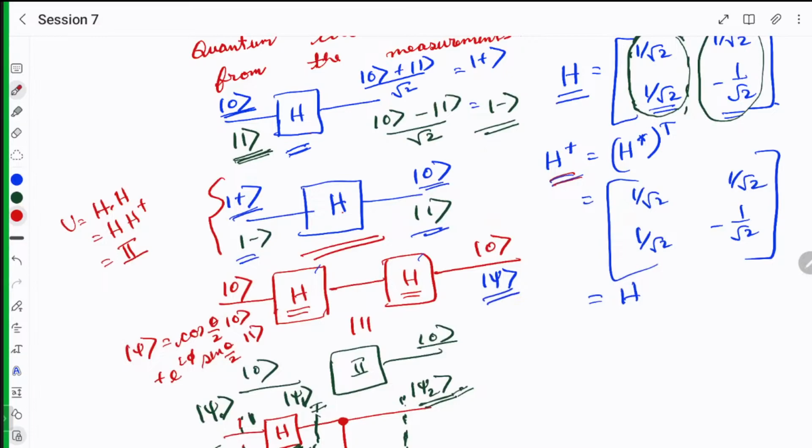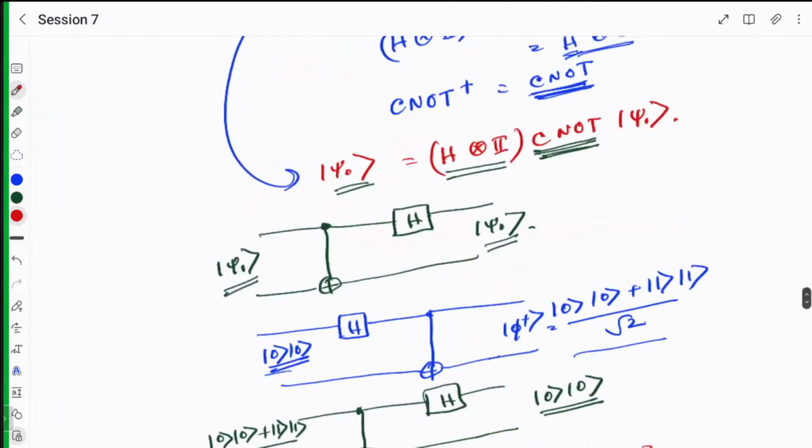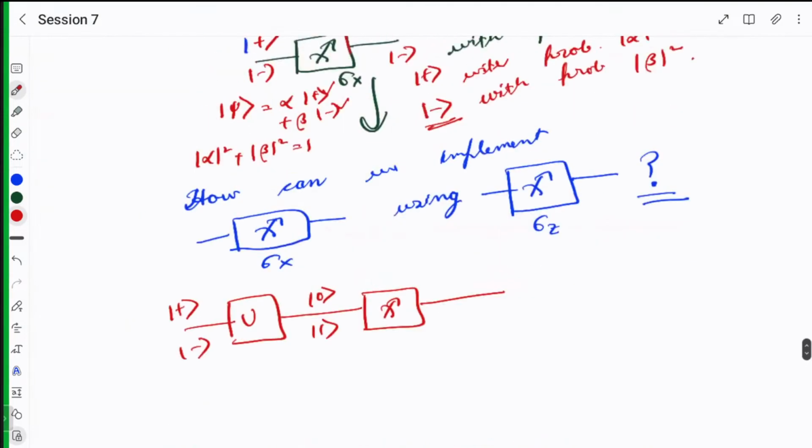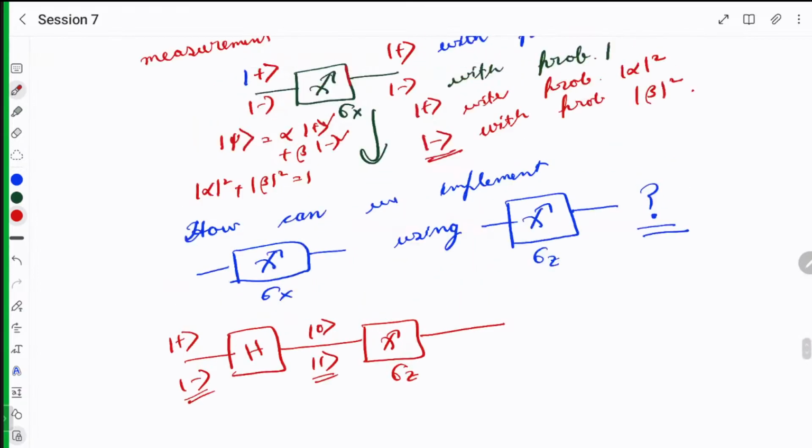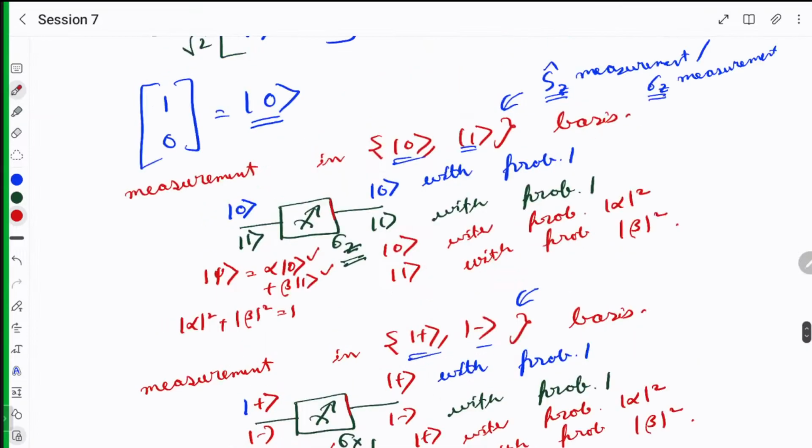Right, the Hadamard gate maps |+> to |0> and |-> to |1>. And then if you measure sigma z, you would get this.